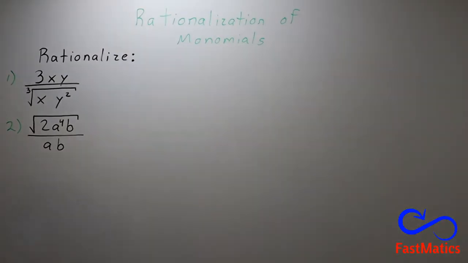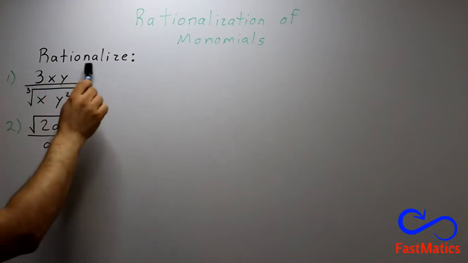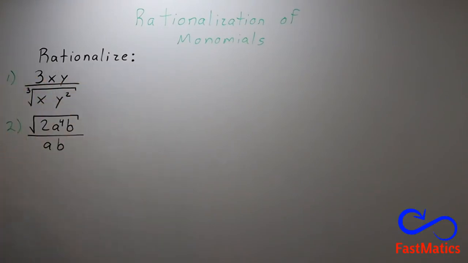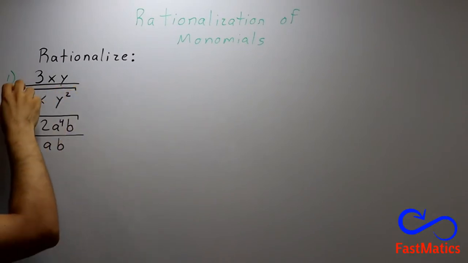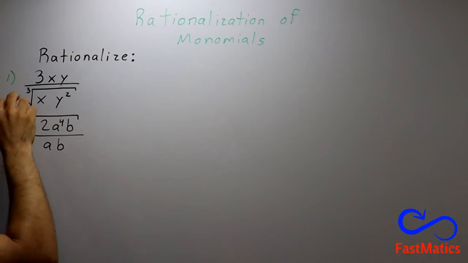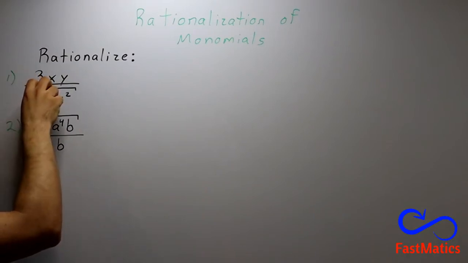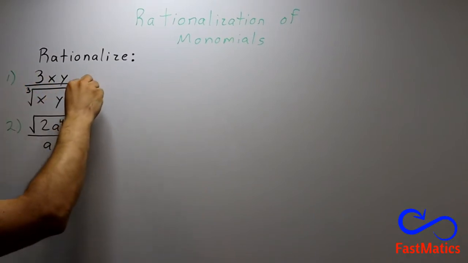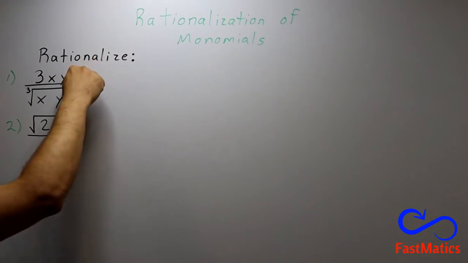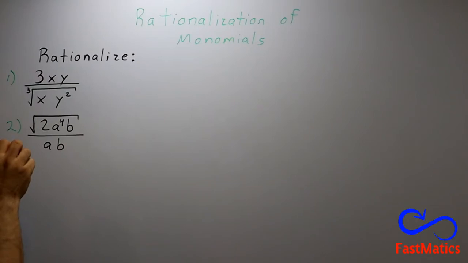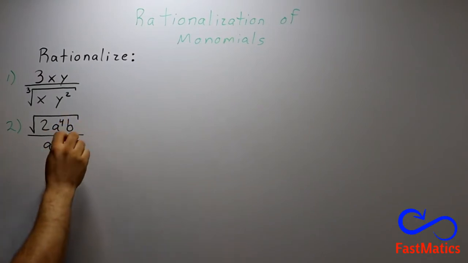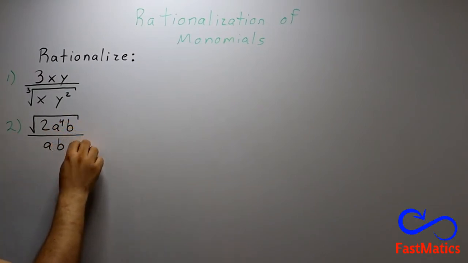Follow me please. First of all, we have to explain that to rationalize is to make the root disappear from the denominator and make a root appear in the numerator, or to make the root disappear from the numerator and make it appear in the denominator.